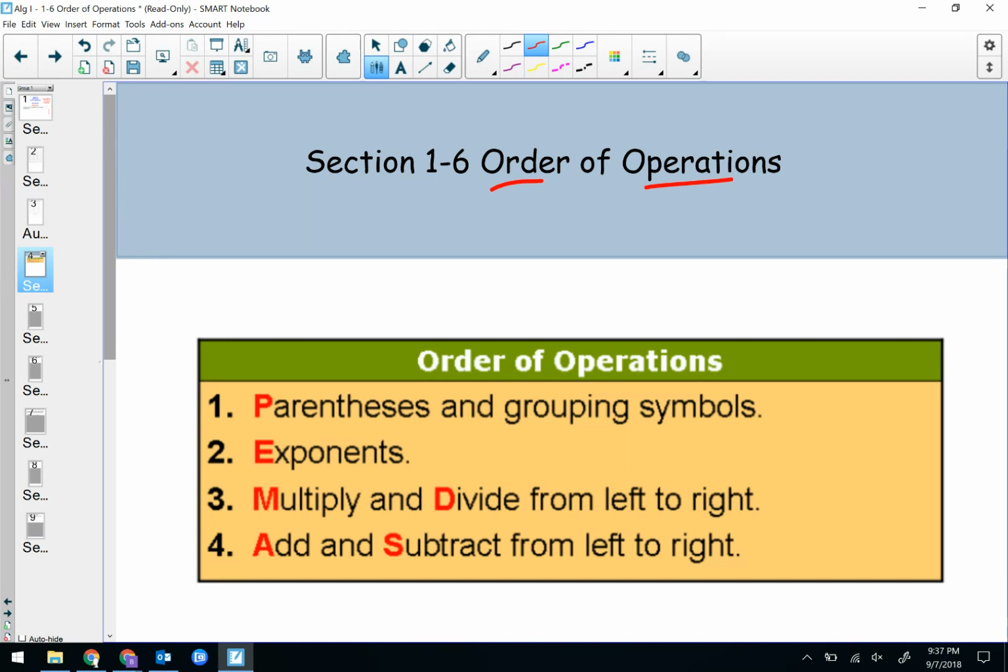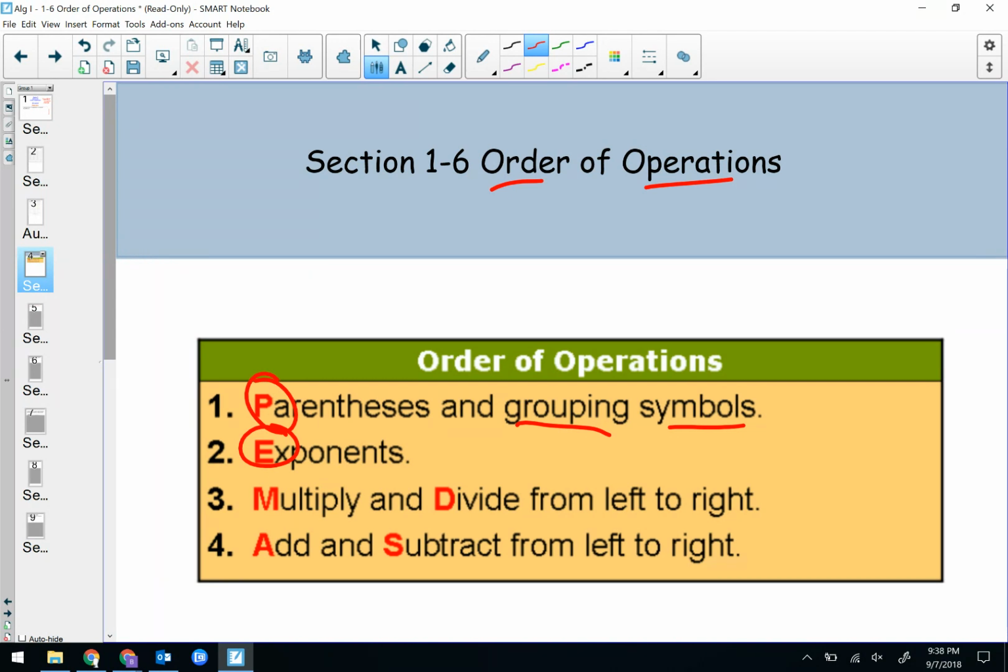P stands for parentheses or grouping symbols. You've done parentheses; the only new part is the grouping symbols, and we'll add in a couple of new ones. E stands for exponents. We'll work a lot with exponents this year, and we'll explain those in great depth, and you probably already have some base knowledge about that.